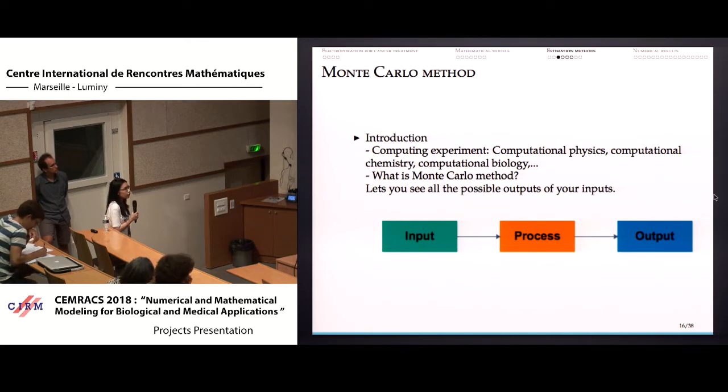In fact, there are a lot of complex mathematical or physical models and physical problems that are difficult or impossible to solve. In this case, the Monte Carlo method is often used, and it is useful.